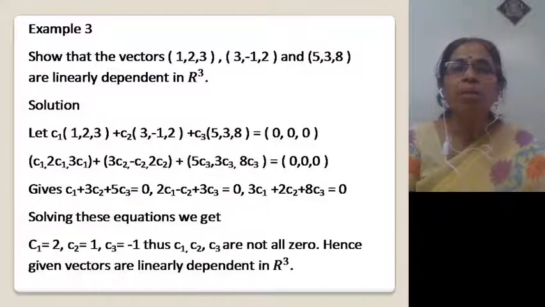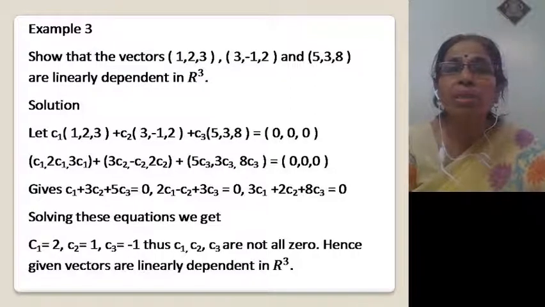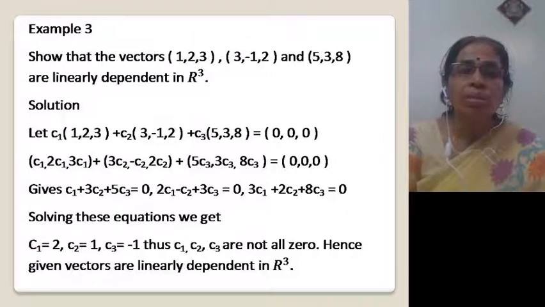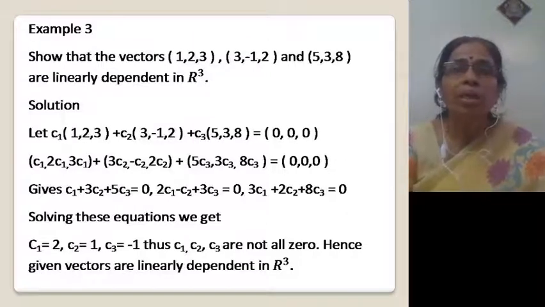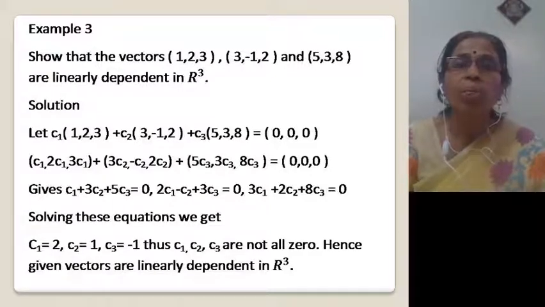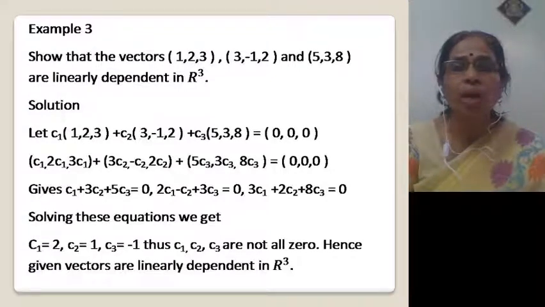Now example number 3. In this example we have to show that the given vectors are linearly dependent. It means that here we cannot get the values of C1, C2 and C3 as 0. So see here, consider C1, C2, C3 belonging to R and write it as a linear combination: C1 into (1, 2, 3) plus C2 into (3, -1, 2) plus C3 into (5, 3, 8) equal to the 0 vector belonging to R3.